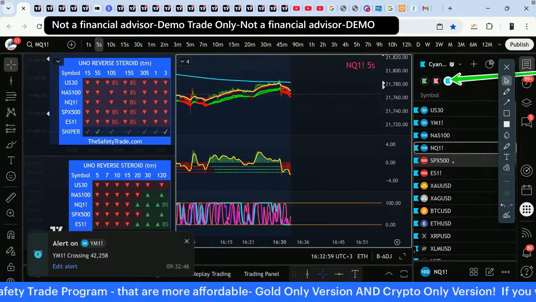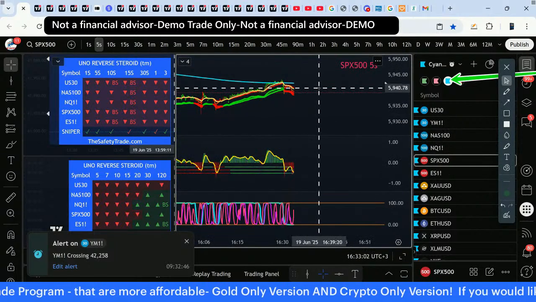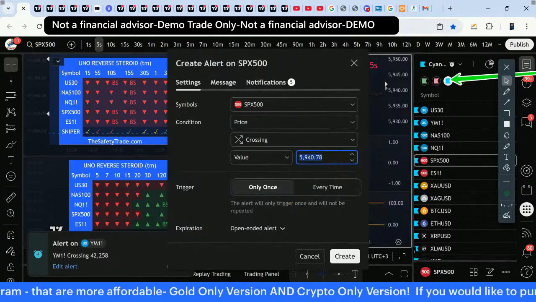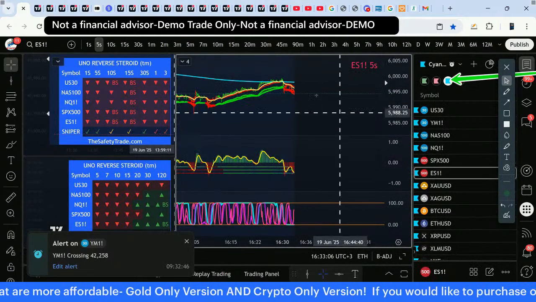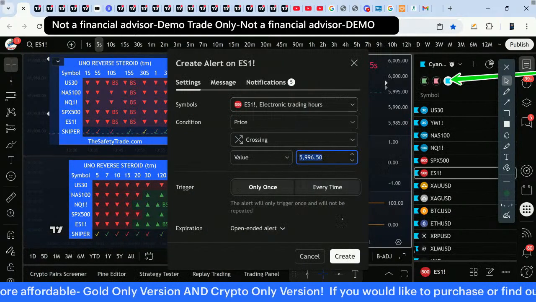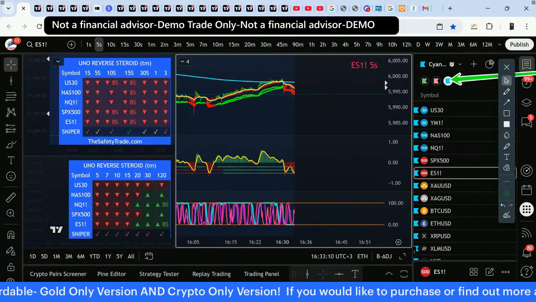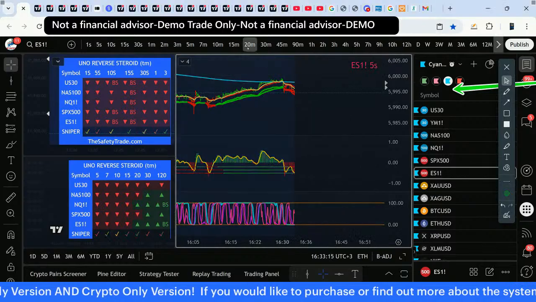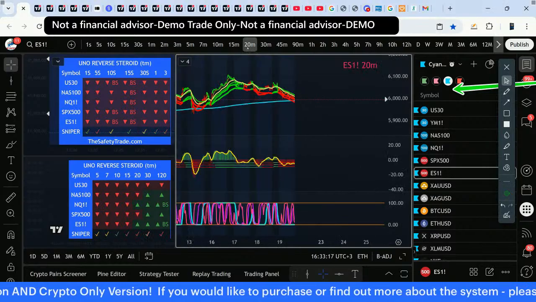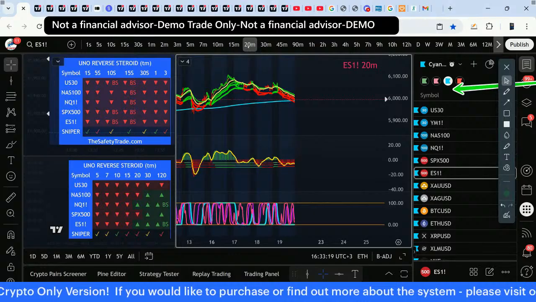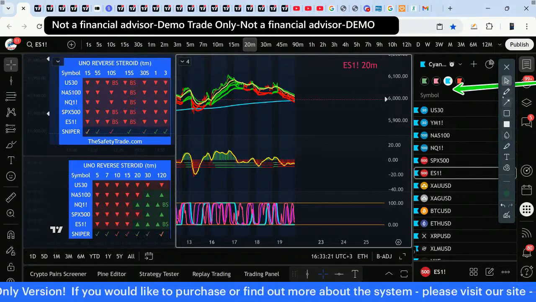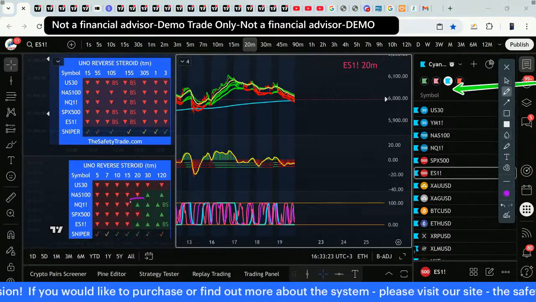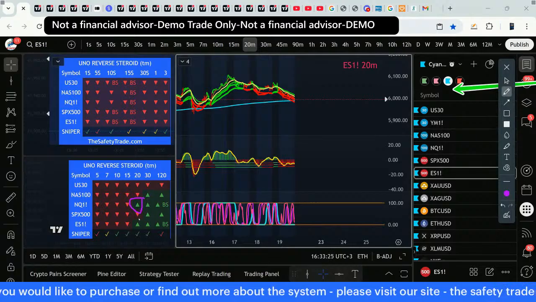As a matter of fact, I might come on later today just to document this, but I don't have time right now. There we go. Hold right here. Again, you can play the ES1 and NQ1 to their 20-minute blue line. Knock yourselves out. You can clearly see that they're both not here yet.